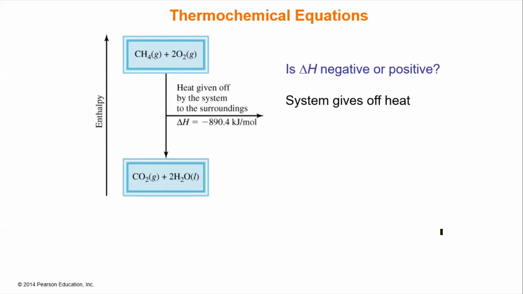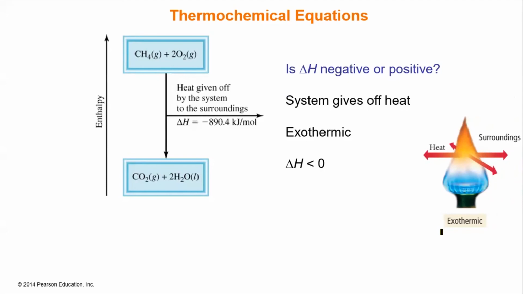The system is giving off heat. We know that from experience because when you light a Bunsen burner, it gives off heat. This is therefore an exothermic process, which means it has a negative delta H.